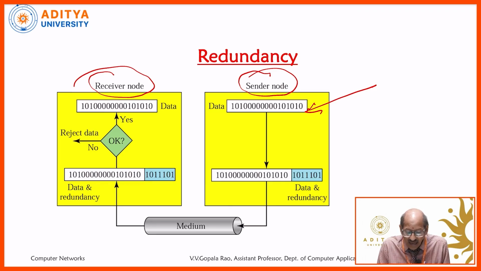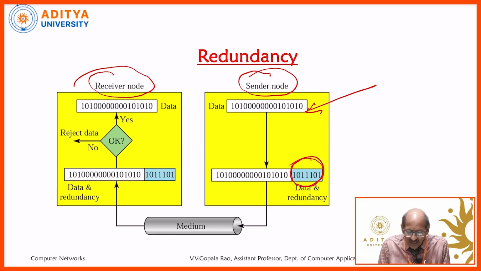We are adding some more bits to the data. The data is in white color, whereas in the gray color there is a set of bits that are added to this particular data. That is for identifying whether an error has occurred or not.